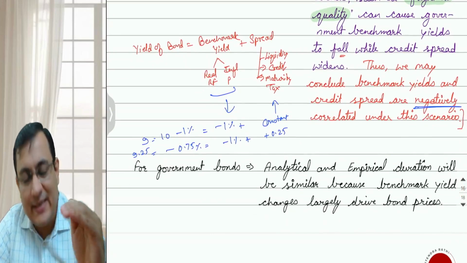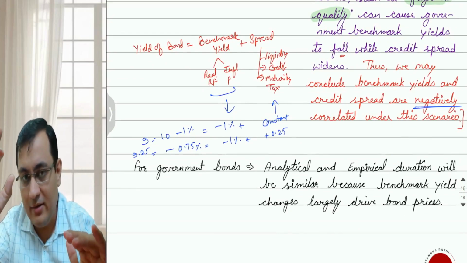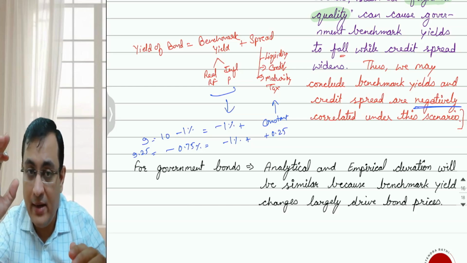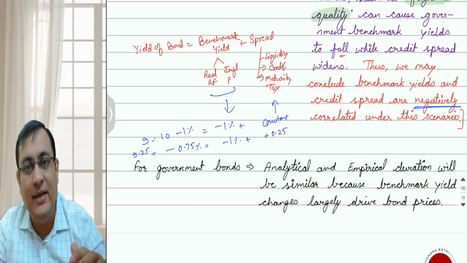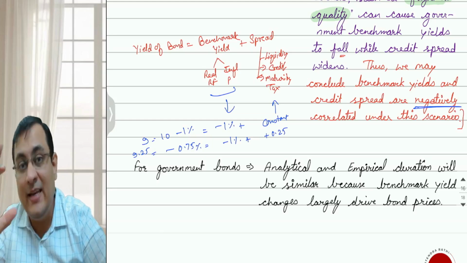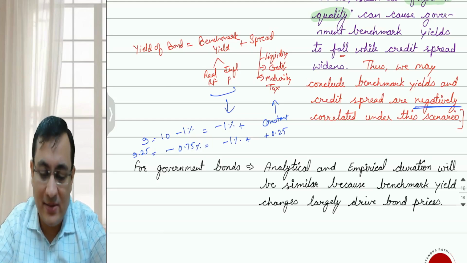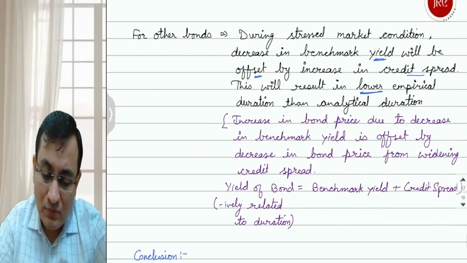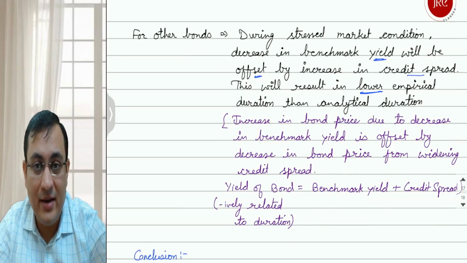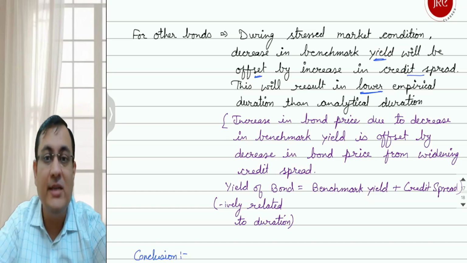Since the decrease in yield is less, ultimately yields are higher, assuming spread is also changing. So the decrease in duration will be less. That is what it is saying.